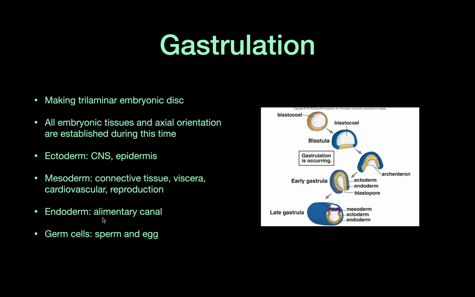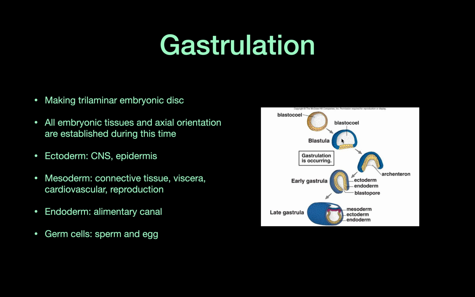The endoderm is the component of the alimentary canal, which means your mouth, your esophagus, down to your stomach and then intestines. And then the germ cells are their own separate category because they are the components of the sperm and the egg.